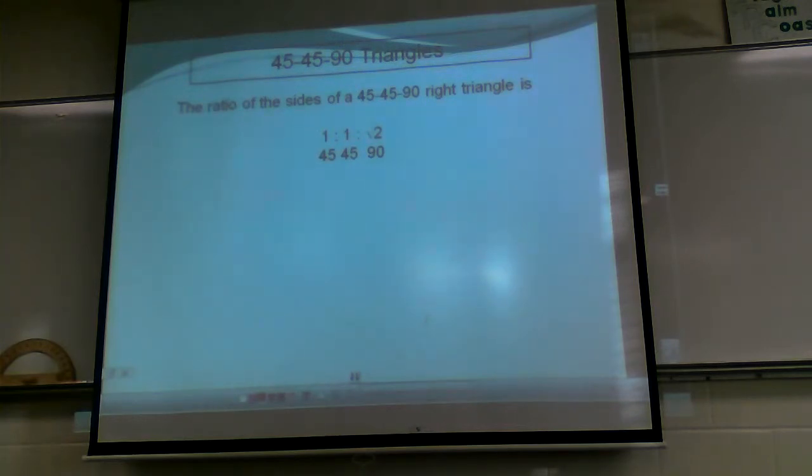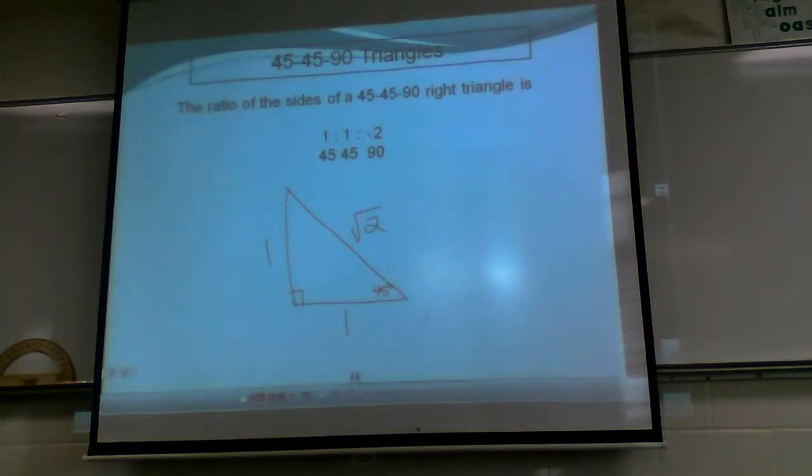The longest side is always going to be scaled up by the square root of 2 times the smaller side. The most basic 45, 45, 90 you would see would be a right triangle with side lengths of 1 and 1 for the legs, and then square root of 2 for the hypotenuse.